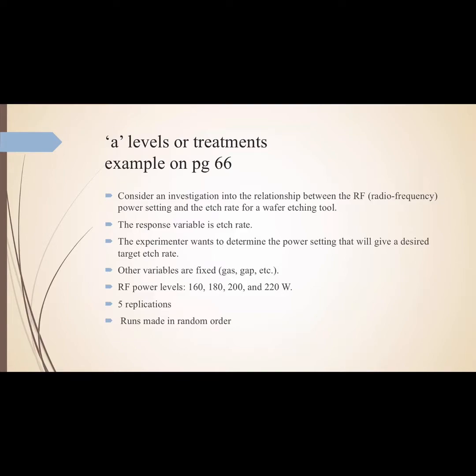In order to understand the concepts in this lecture, we'll make use of another example outlined in the textbook. You can find this on page 66. In this example, we are interested in analyzing the relationship between the power setting and the etch rate for a wafer etching tool. Again, we are studying only one factor here, so our factor is the power setting, and we want to study this factor at four different levels, at four different power settings as outlined here.